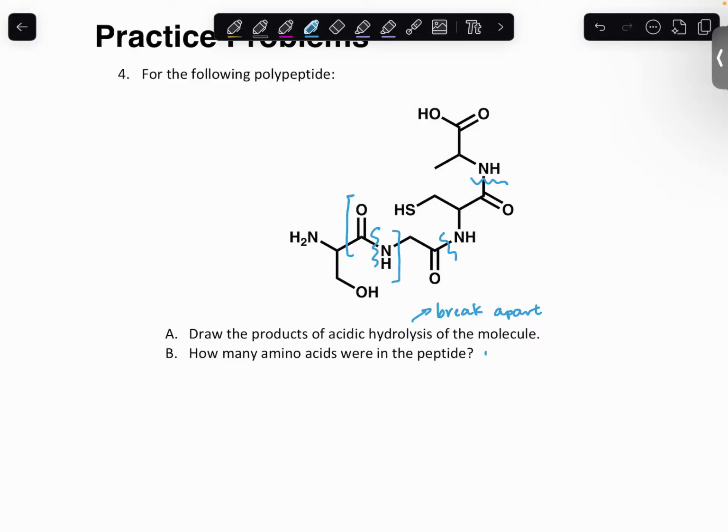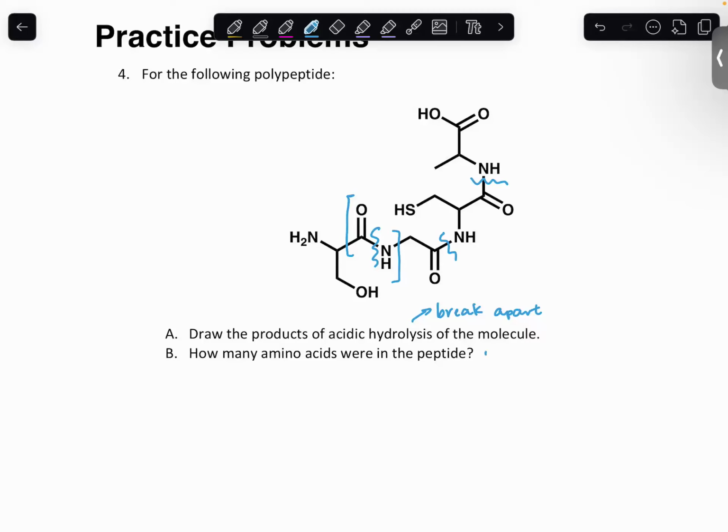Now, acidic hydrolysis, what does that mean we're using when we break it up? An acidic solution. What does an acidic solution have a plethora of? Protons. So acidic, we can see H plus, and hydrolysis, we can see the water.